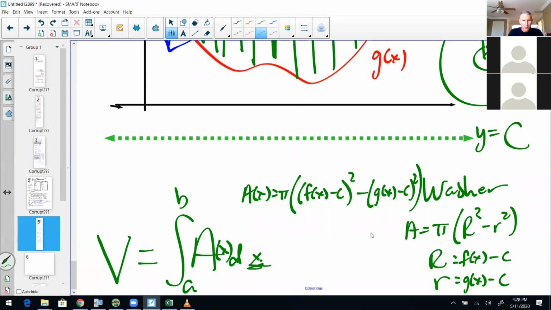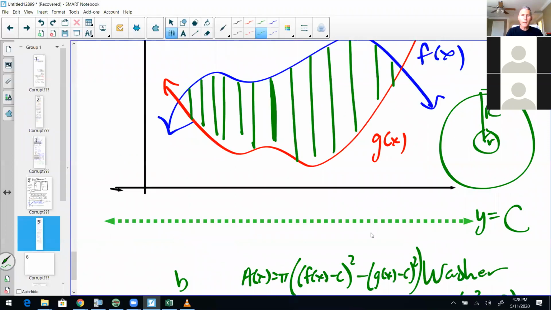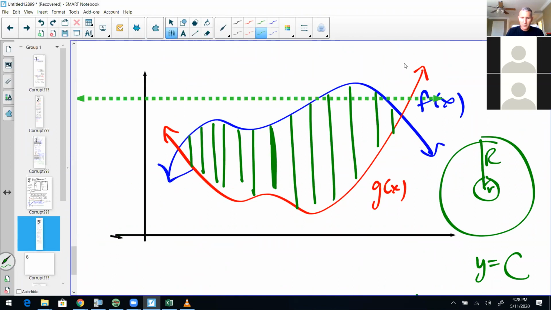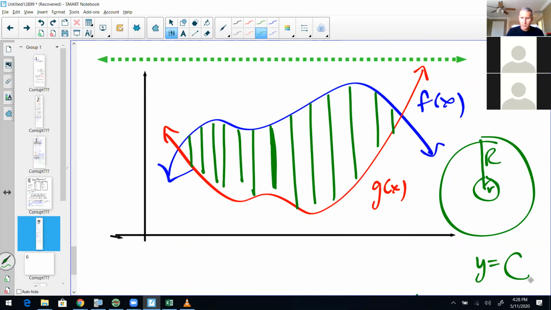There you go. Now, let's say, what if, Keaton, what if this y equals c was up here? Let me ask you, what would change? Well, everything is still in terms of x, right? Our top minus bottom still run perpendicular to the x-axis, so everything's in terms of x.